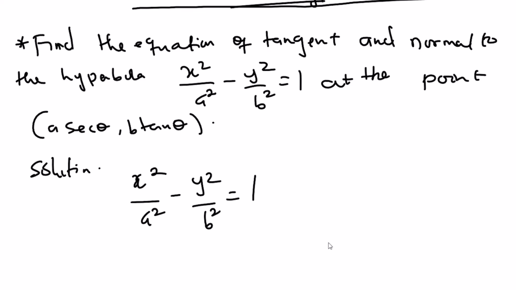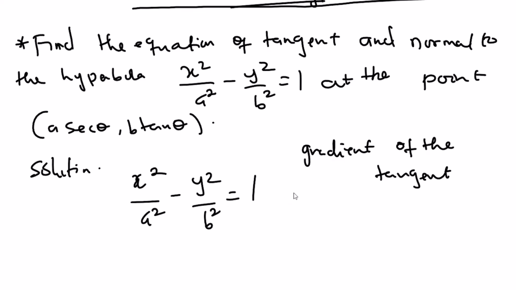The result that we get will be the gradient of the tangent, and the negative reciprocal of that gradient gives you the gradient of the normal. Alright, so let's move on with this. When we get the gradient of the tangent, it is easy to obtain that of what?